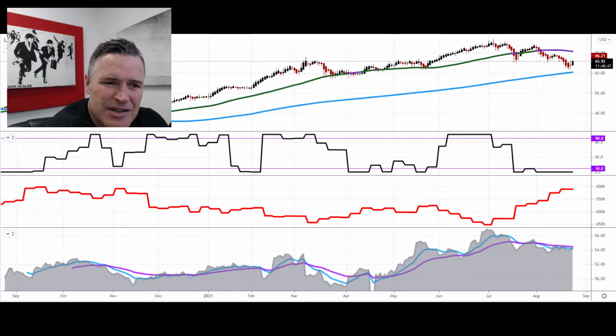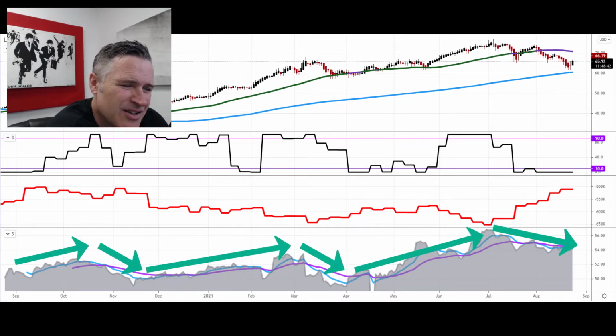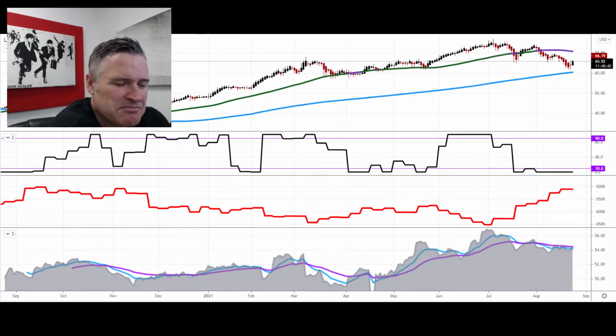And oil is quite a seasonal product, and you can use it as a good guide. It's obvious why it does what it does. And at the moment we are in a sort of declining part of the seasonality.